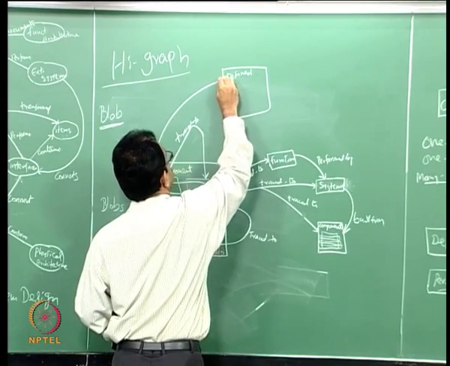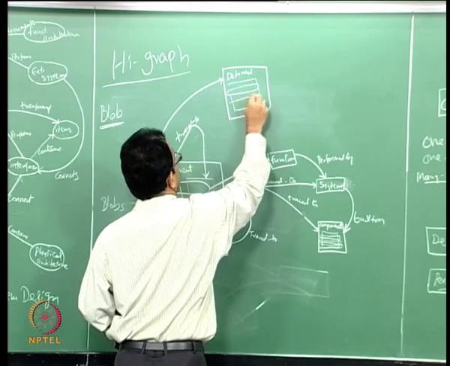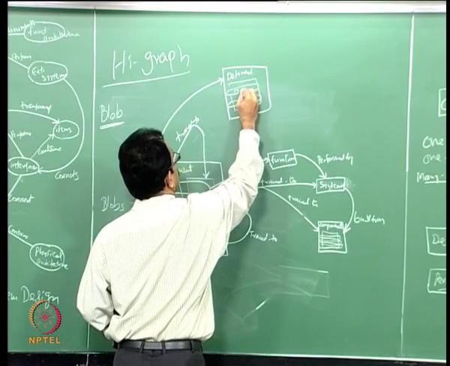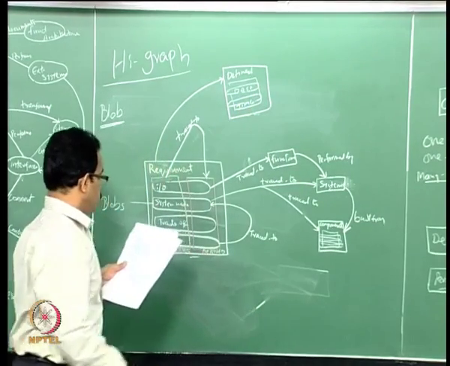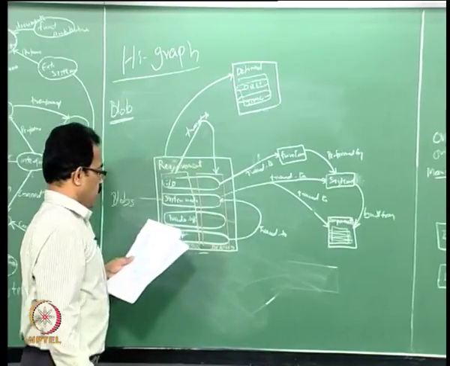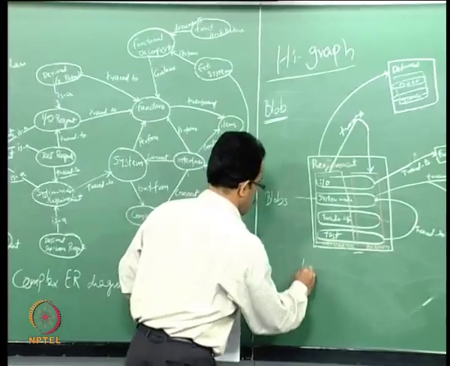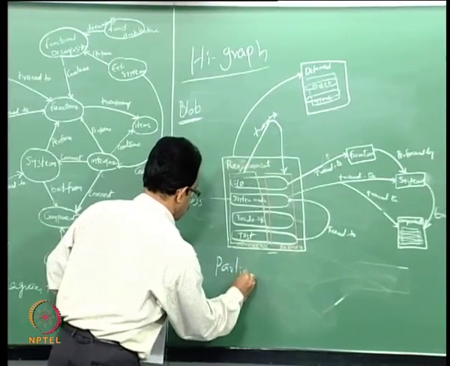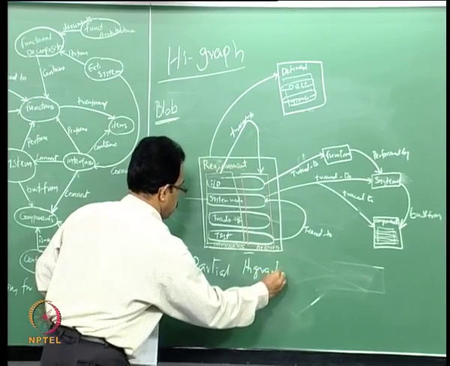So, defined, and again this can be a block with many data like date, time, etc. This is defined on that particular date. That is a relationship. So, this is actually a partial high graph for system.